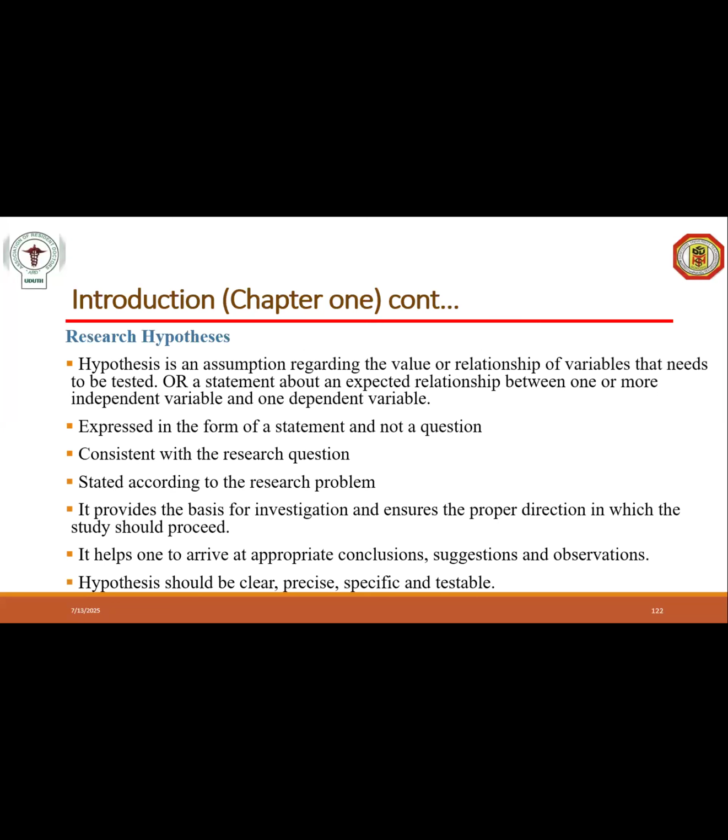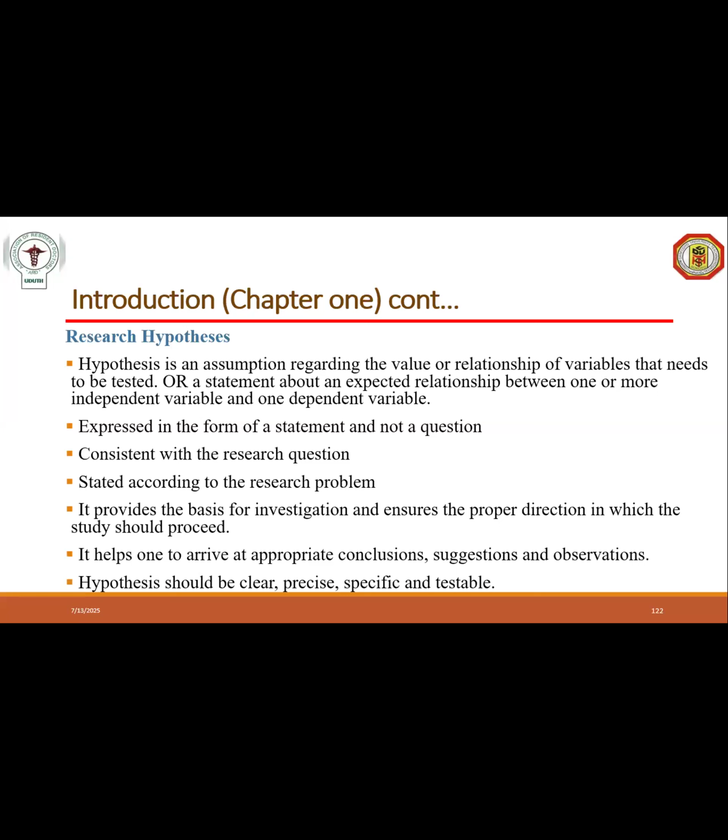Hypothesis is an assumption regarding the value or relationship of variables that need to be tested. It can also be defined as a statement about an expected relationship between one or more independent variable and one dependent variable. It is expressed in the form of a statement and not a question. It is consistent with the research question.